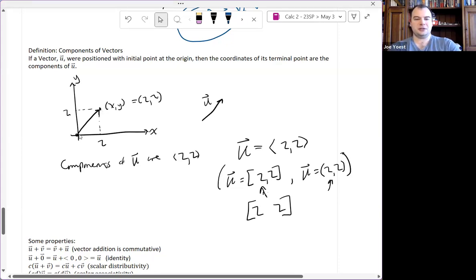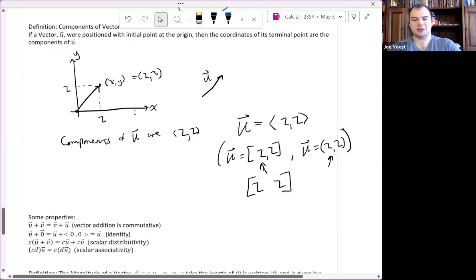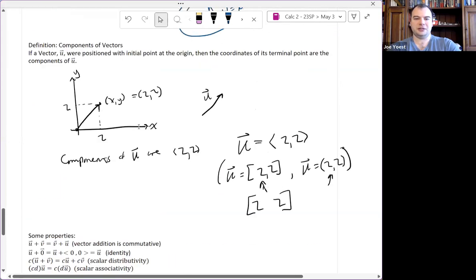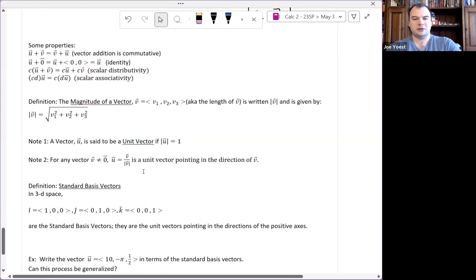It's just the distance from the origin to that point. So we can think of it either way. We can think of it as the distance between the initial and terminal point, or as the square root of the sum of the squares of the components.